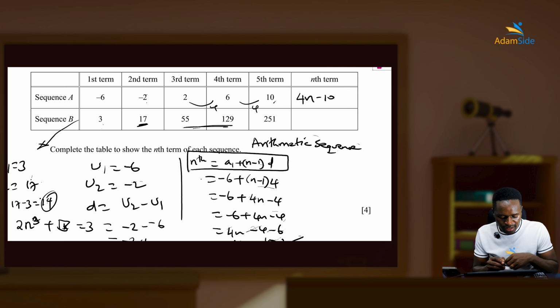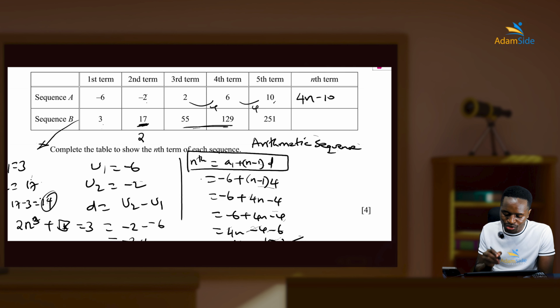If the second term is n equals 2, then 2 to the power 3 is 8. 8 times 2 is 16, and 16 plus 1 is 17.